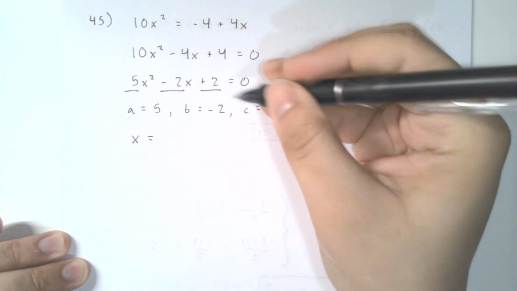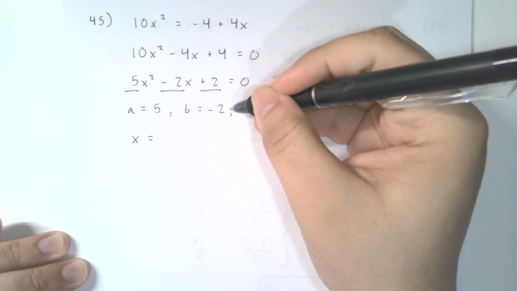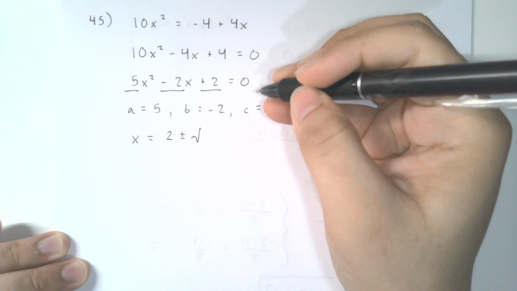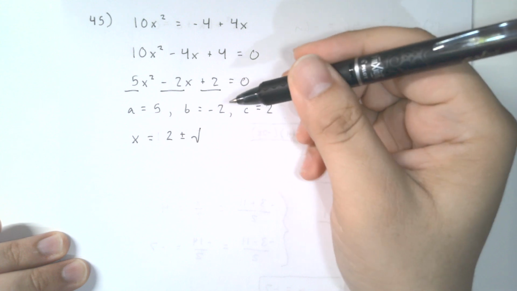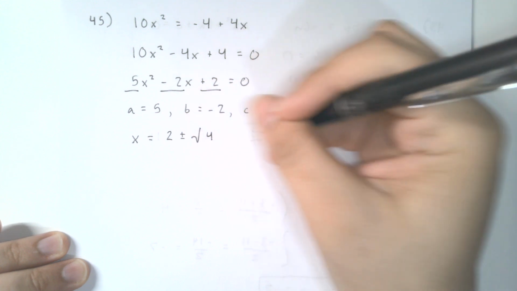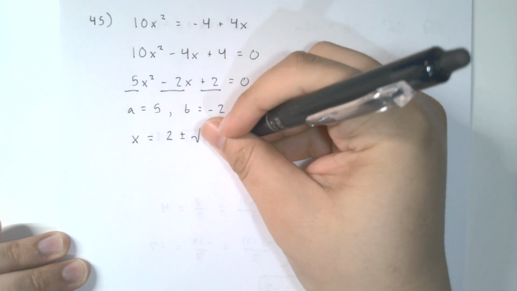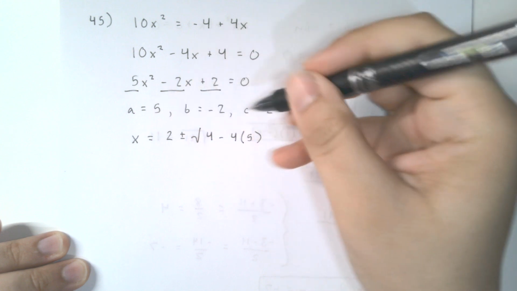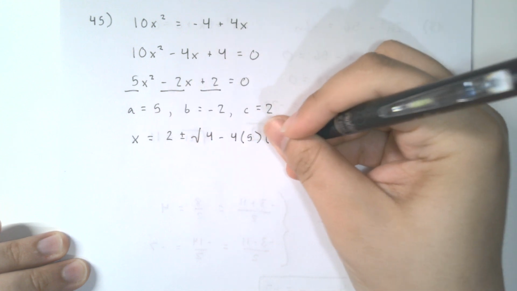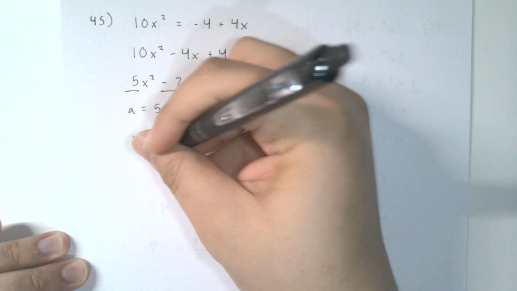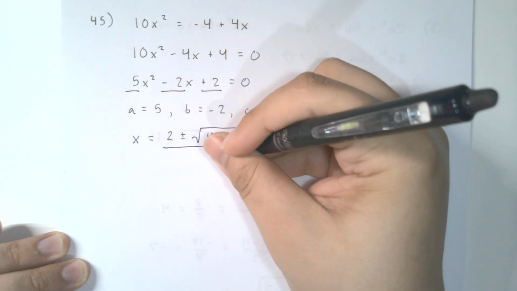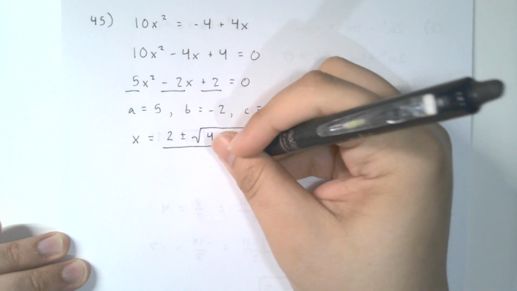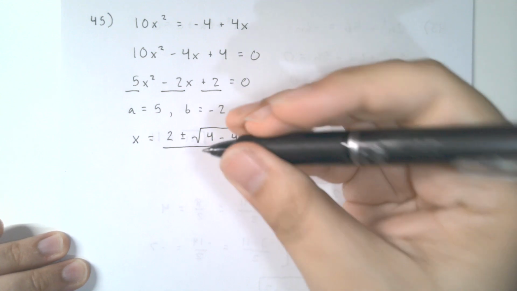We have x is equal to negative b, so negative negative 2 is going to be a positive 2, plus or minus the square root of negative 2 squared, or b squared. So that's going to give us 4, minus 4 times a, which is 5, times c, which is 2, all over 2a, so 2 times a is 2 times 5, which is 10.